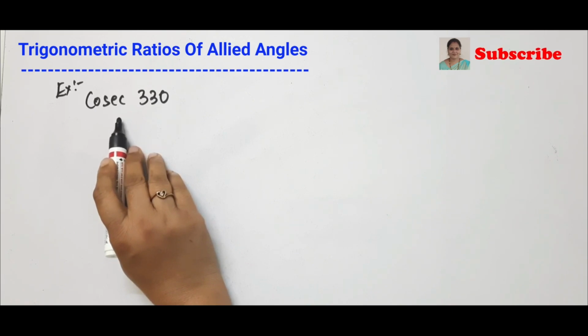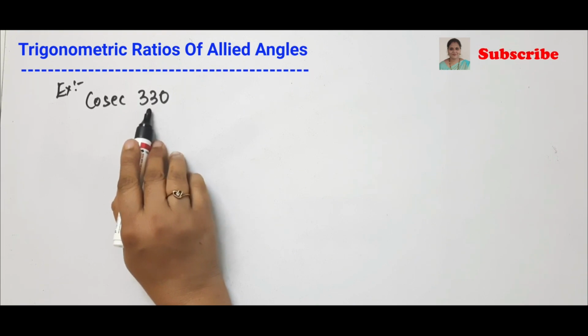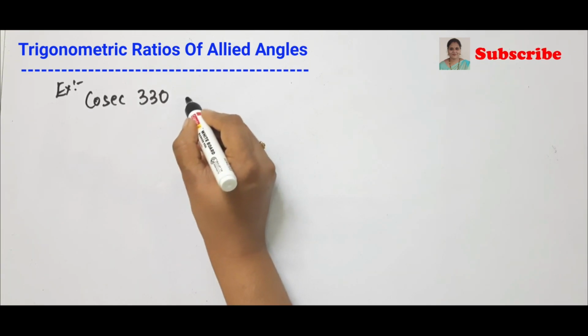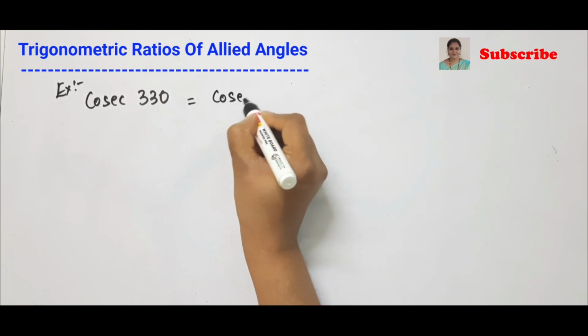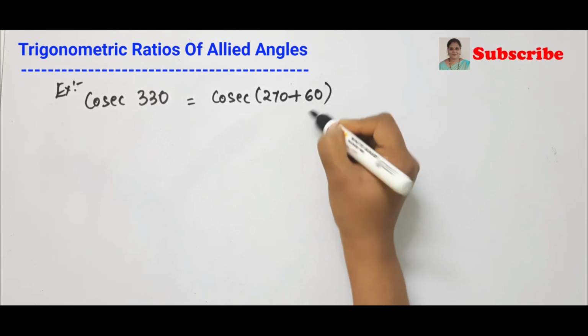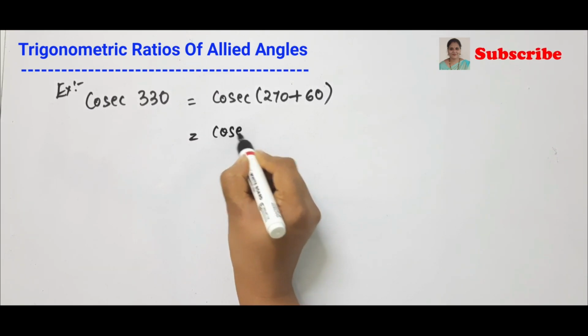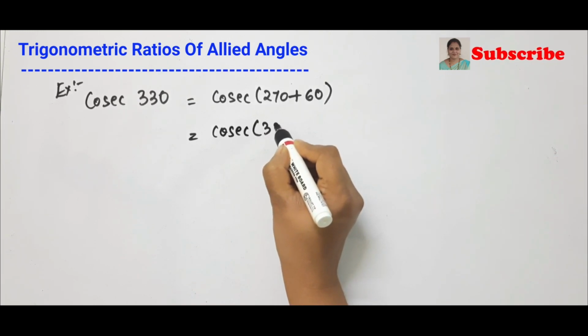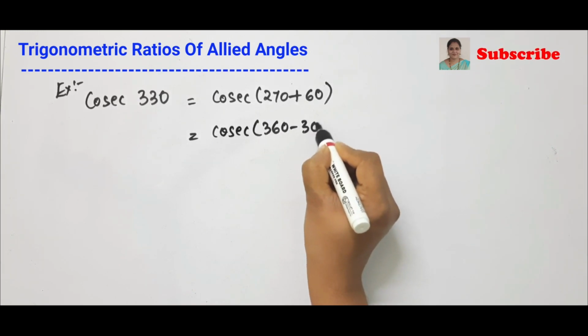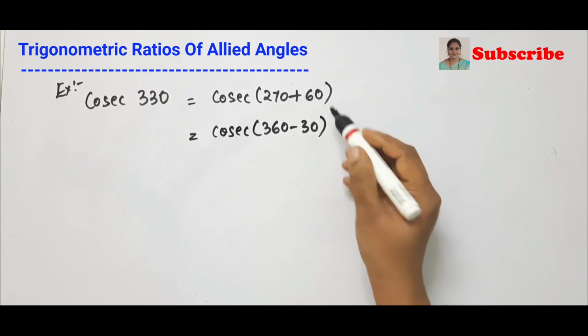To find this, first we have to check how we can express this 330. We can express 330 as cosecant of 270 plus 60, is it not? The same thing we can also express as cosecant of 360 minus 30. We can express it either like this or like this.